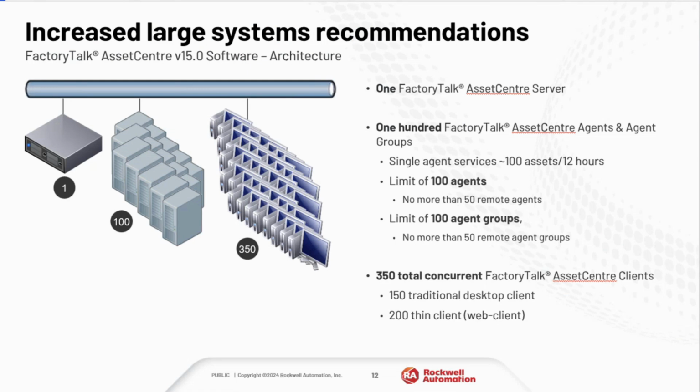Continuing on, here's a high-level view of the rule of thumb in terms of AssetCentre architecture and what the upper limit of agent and client count a single AssetCentre server can handle. So every single server can handle up to 100 agents and agent groups, in which each agent can handle up to 100 assets per 12 hours.